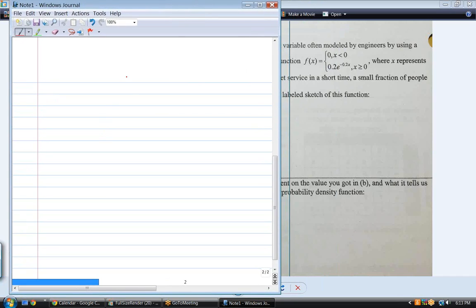Well, let's see. To the left of 0, it's pretty easy. And to the right of 0, we have e to the minus 0.2x. So this minus is a reflection over the y-axis.